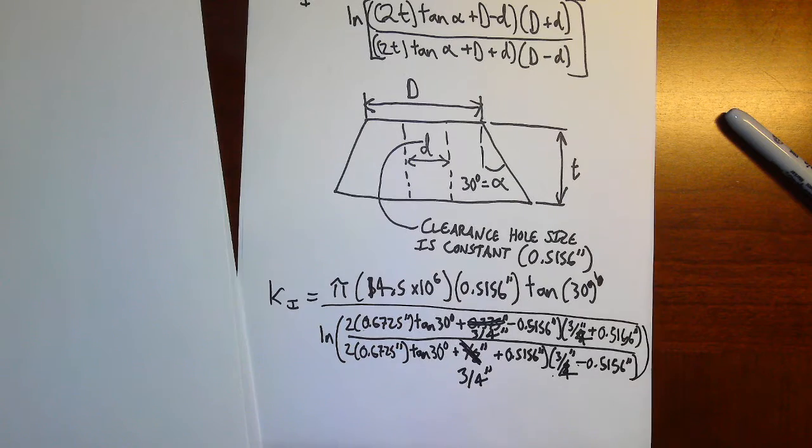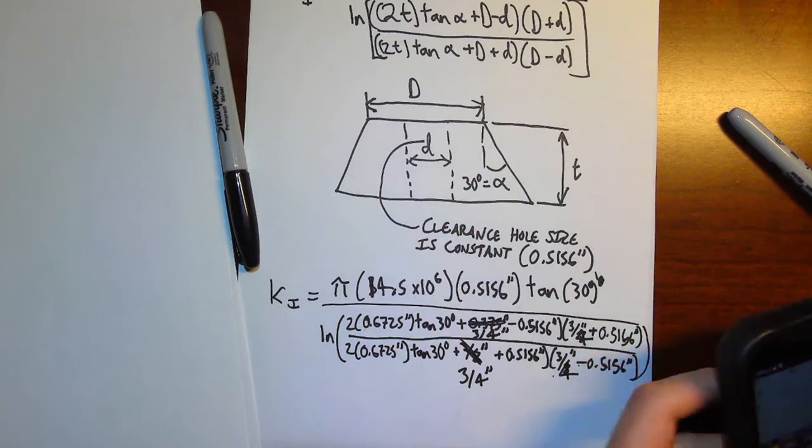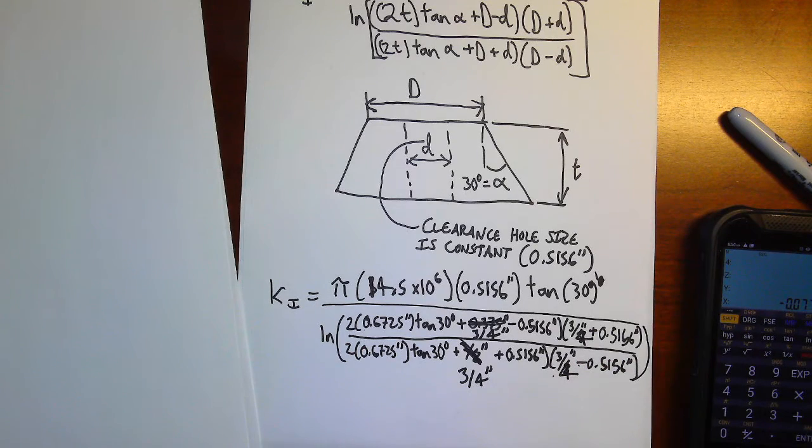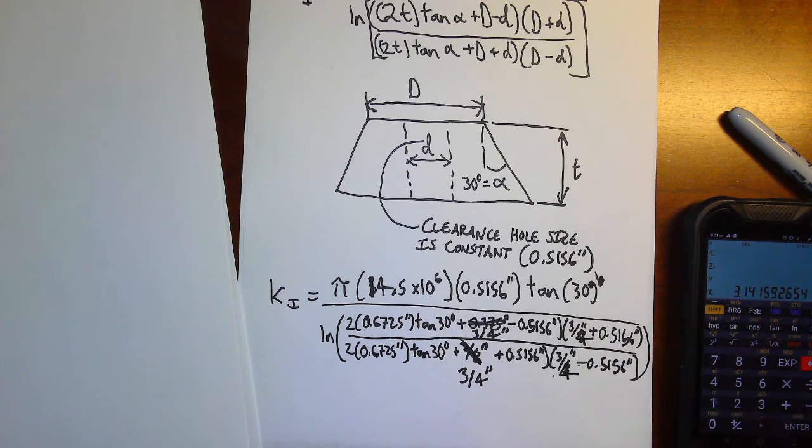All right. So if we crunch all that, remember our units are pounds and inches, so we should expect the units of our answer to be pounds per inch. So pi, 14.5 times 10 to the 6, 0.5156, and 30. That's the numerator.